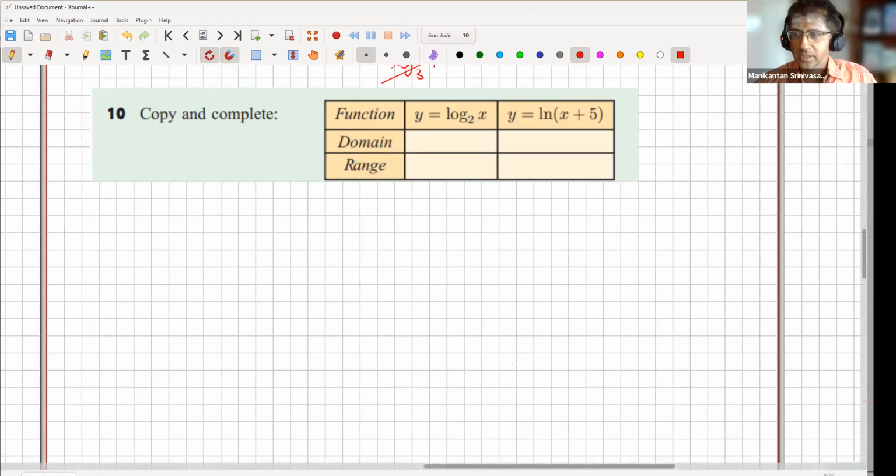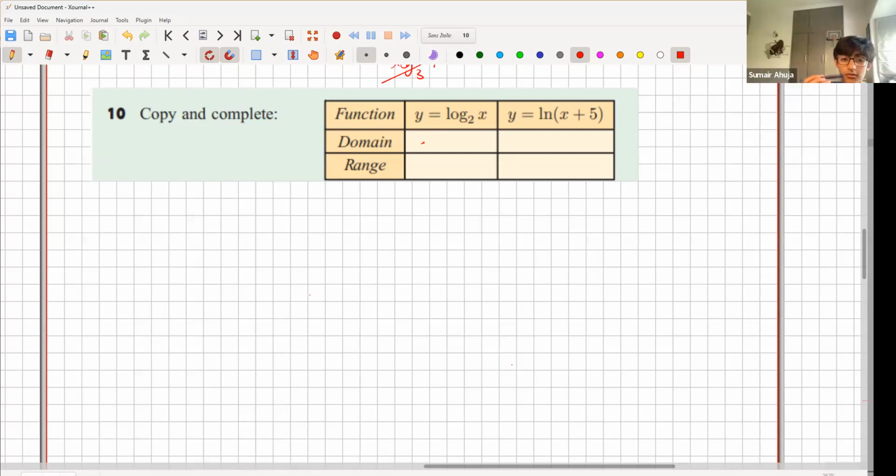Okay, let's take turns here. Sumer, domain of log x to the base 2. So this is just all numbers x can be, right? X can be any number. Yeah, x can be anything. X can be minus 1.3. No, log x is defined only for positive x, right?